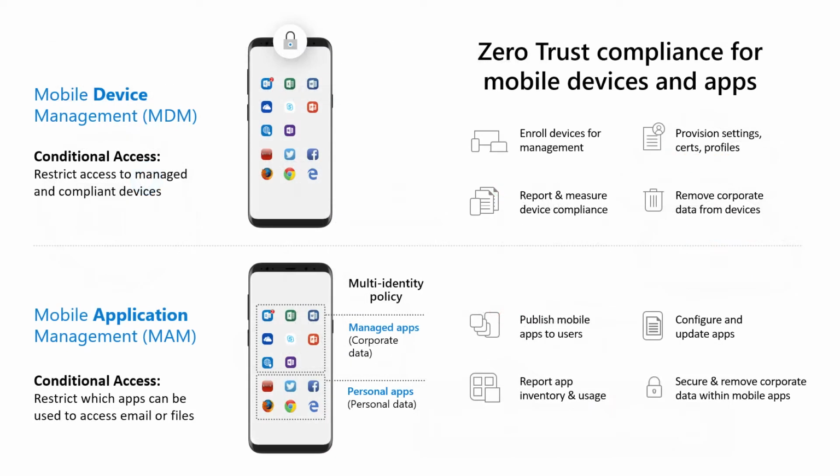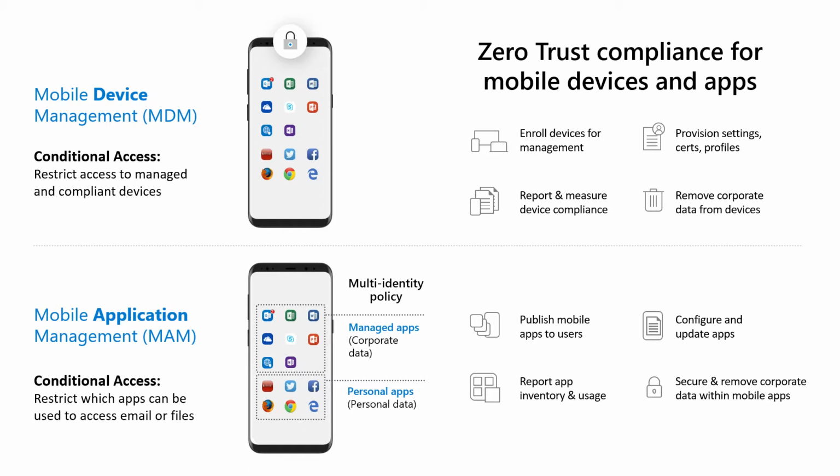So in this video, what we're going to look at is I have a user, and there are two options for this user. One is a mobile device that's completely managed by the organization. The second is I only want to manage my applications. That means like Word, Excel, PowerPoint, etc.